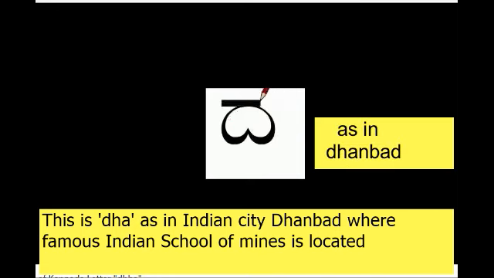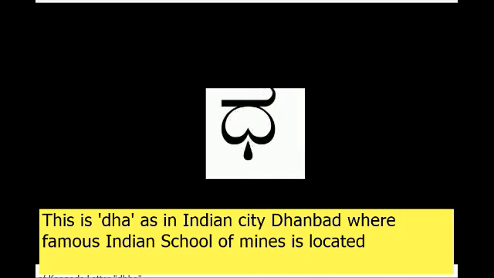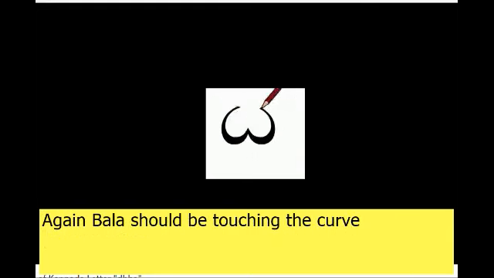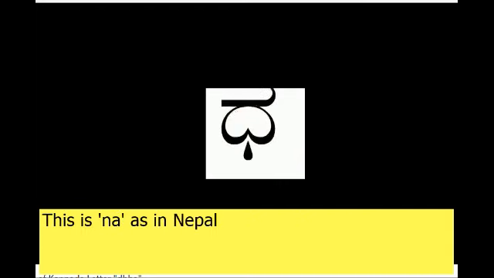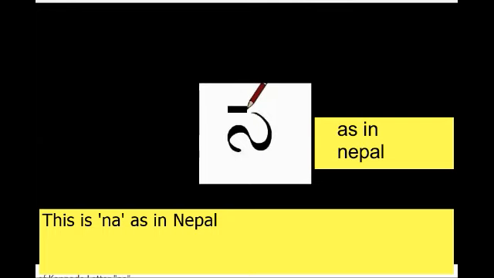This is Dh, as in the Indian city Dhanbad. Again, bala should be touching the curve. This is na, as in Nepal.